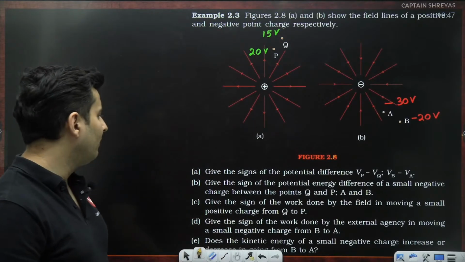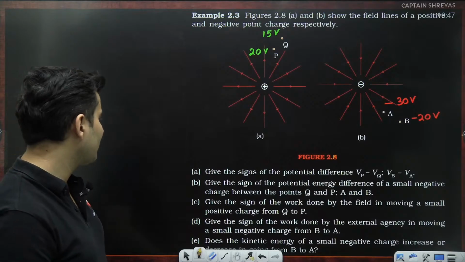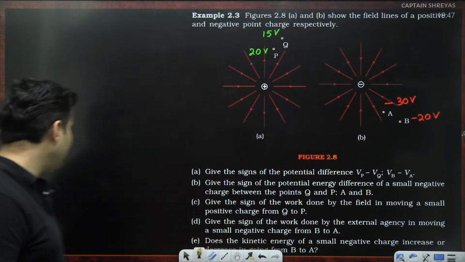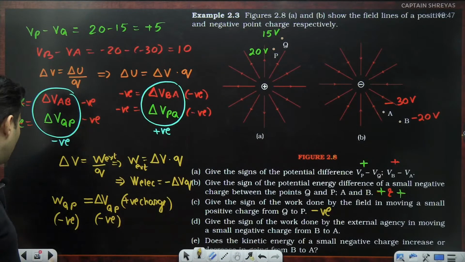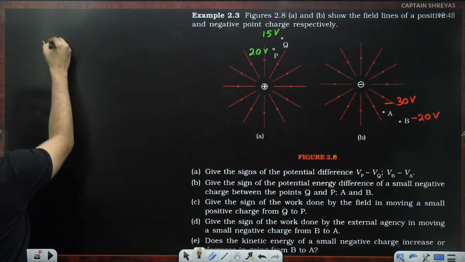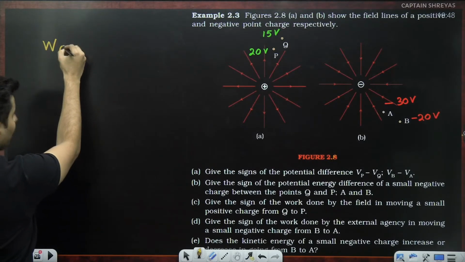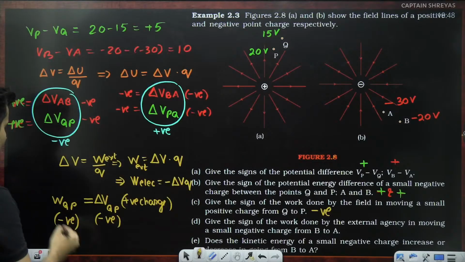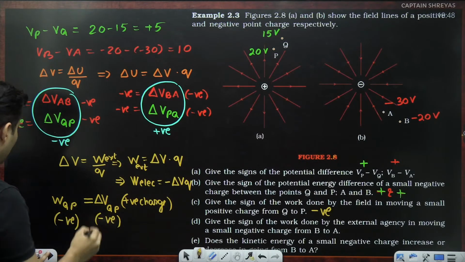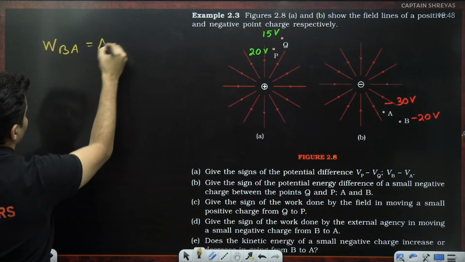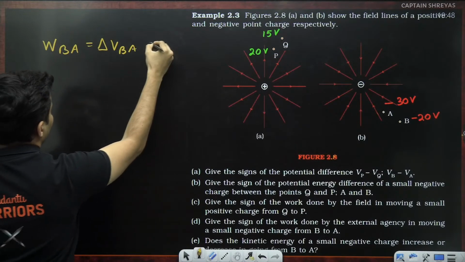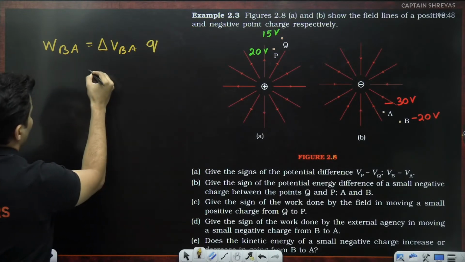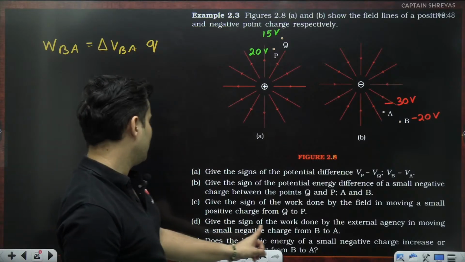Give the sign of the work done by external agency in moving a small negative charge from B to A. Same concept. The work done to move from B to A, just like P to Q or Q to P, will be nothing but delta VBA multiplied by the charge. What is the charge?